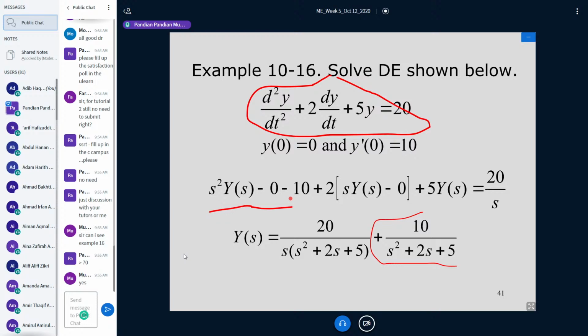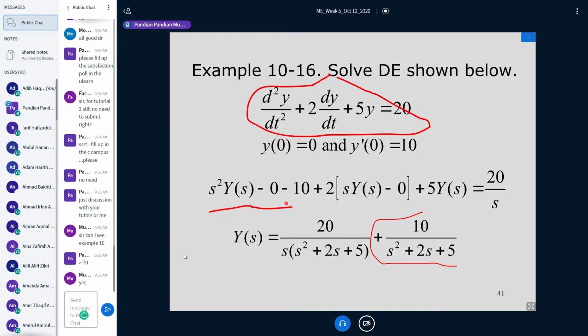s squared Y(s) minus s y(0) minus y'(0), plus 2 times s Y(s) minus y(0), plus 5 Y(s) equals the Laplace of 20, which is 20 over s.